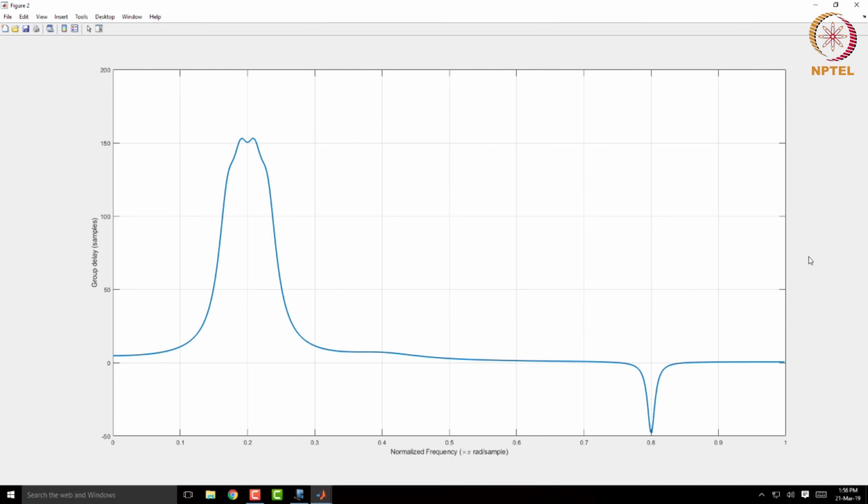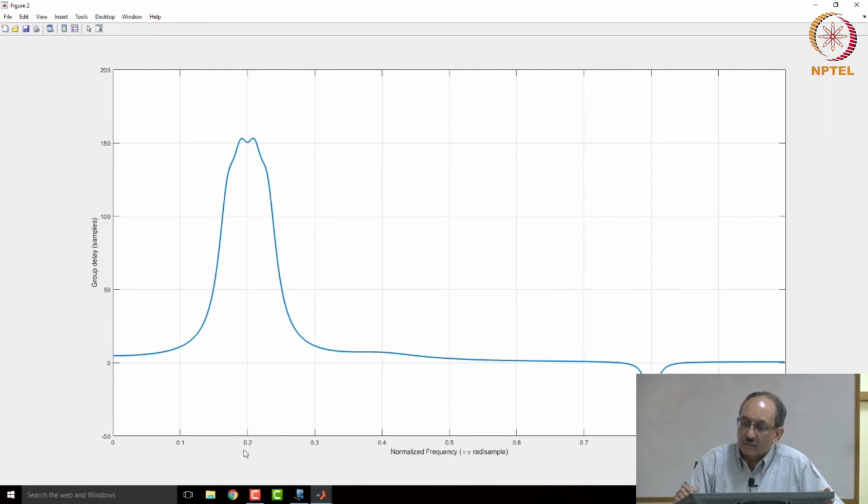You can expect the group delay to have a spike around that region, and it so happens that it is exactly at 0.2 in MATLAB's notation, or it is actually 0.1 in the conventional notation, and the delay that you see here is 150 samples. So, this 150 is no accident. This 150 samples is exactly the delay that the first pulse underwent and occurred 150 samples later.